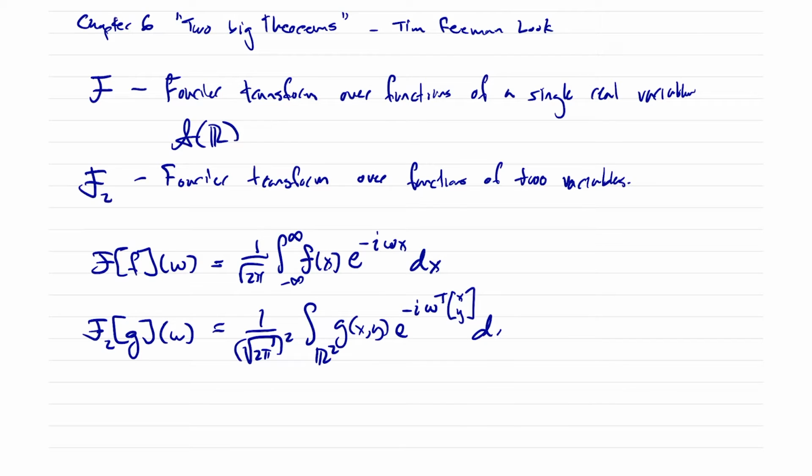And this is, say, dx dy. So instead of saying integral over R2, I can just put integral from minus infinity to infinity, minus infinity to infinity, right? So that would be the Fourier transform for a two-dimensional function.